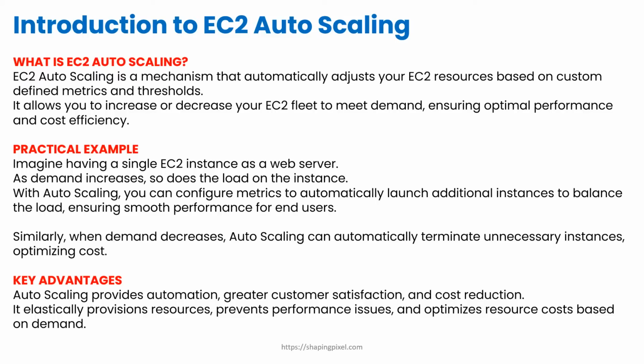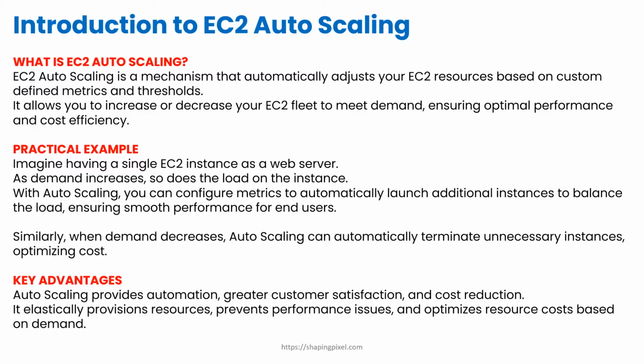Let's dive into the world of EC2 autoscaling. EC2 autoscaling is a mechanism that automatically adjusts your EC2 resources based on custom defined metrics and thresholds. It allows you to increase or decrease your EC2 fleet to meet demand, ensuring optimal performance and cost efficiency.